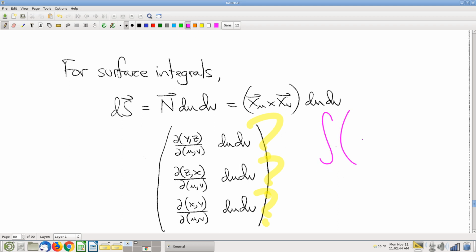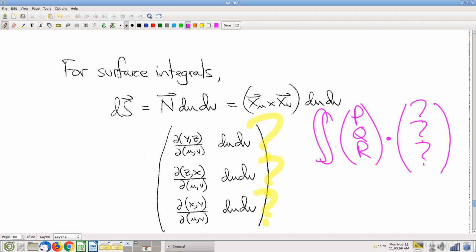If I have the integral of PQR dot ds vector, a surface integral, if I want to crank out that dot product and write it in coordinates, I need names for the coordinates of that ds vector so that I can write down how this dot product multiplies out. We did that with vector line integrals, and we got this fairly unpopular among students notation, P dx plus Q dy plus R dz.